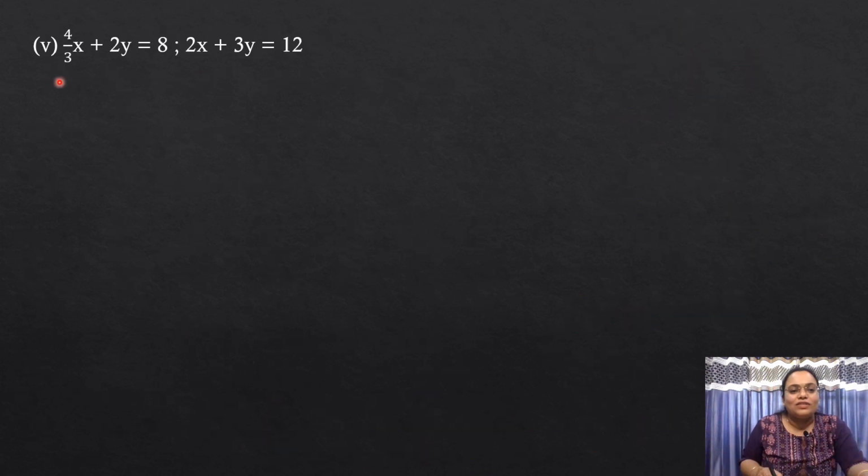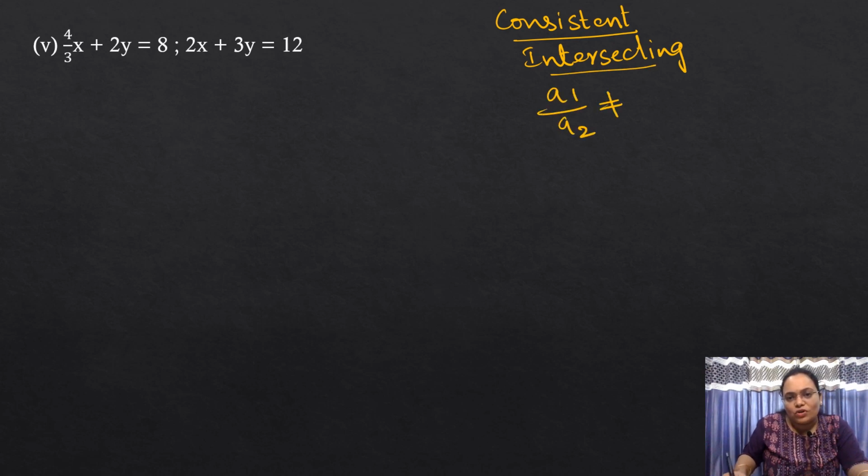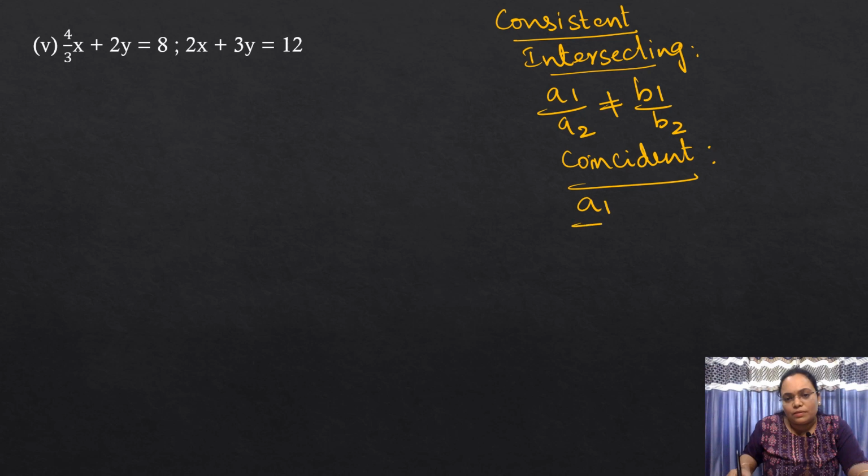Okay. So this is the next question. So for the consistent system, we have intersecting, and the condition for the intersecting is a1 by a2 is not equals to b1 by b2. And also we have coincident, and the condition for coincident is a1 by a2 is equals to b1 by b2 is equals to c1 by c2.